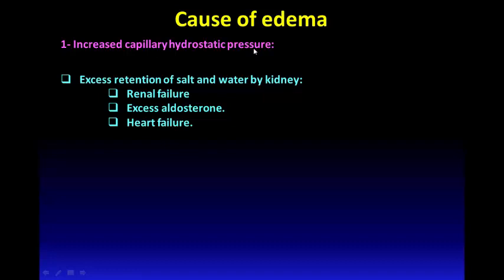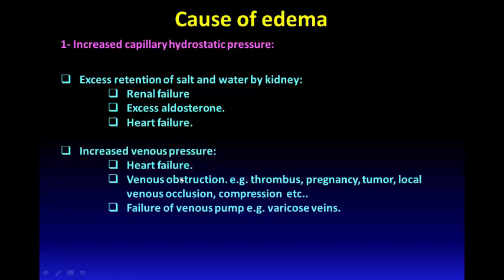which might result from excess retention of salt and water by the kidney, as in cases of renal failure and as in cases when there is excess aldosterone hormone and in cases of heart failure, or when there is increased venous pressure, also as in cases of heart failure, or when there is venous obstruction, as when there is a thrombus, and also during pregnancy, or when there is a tumor compressing over a vein.